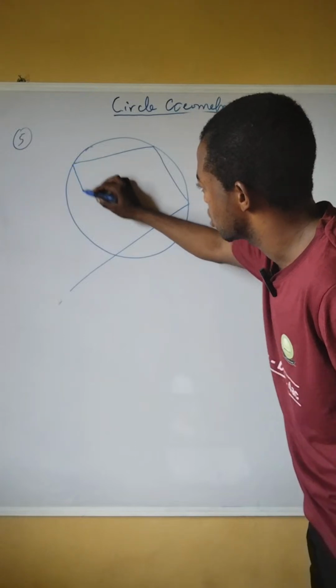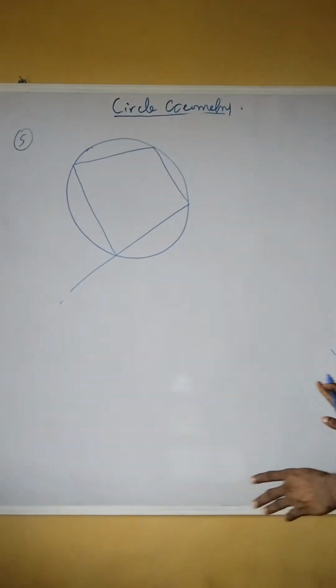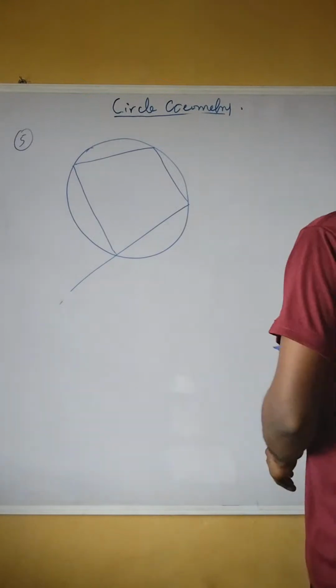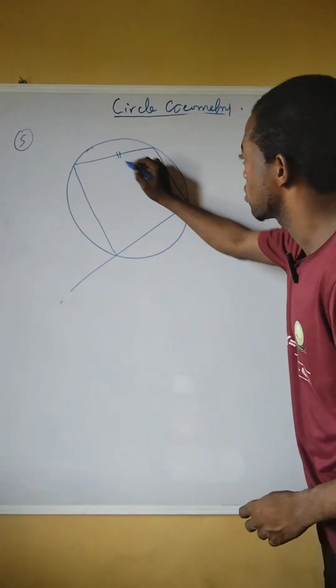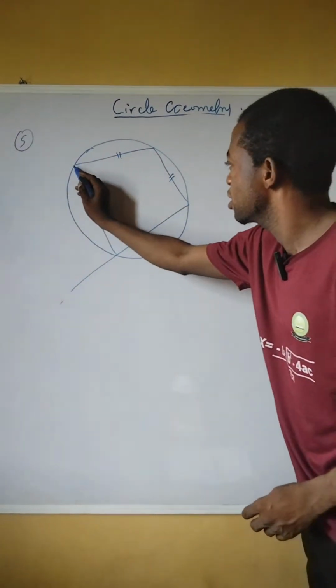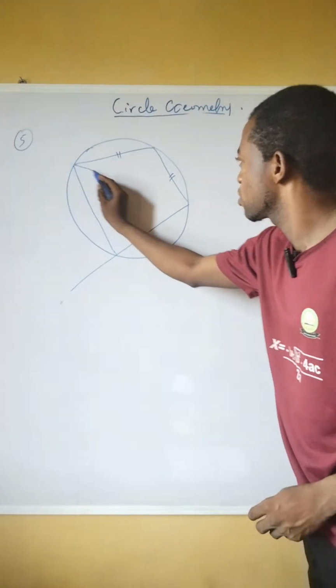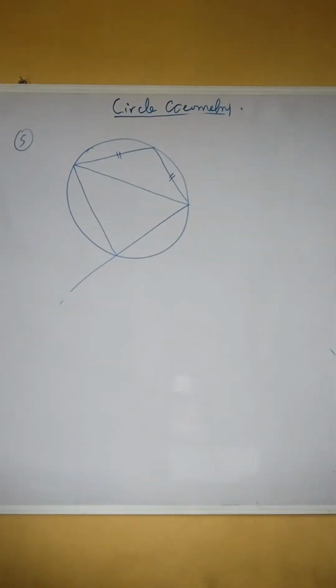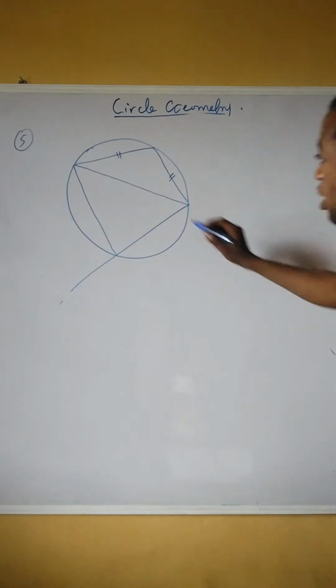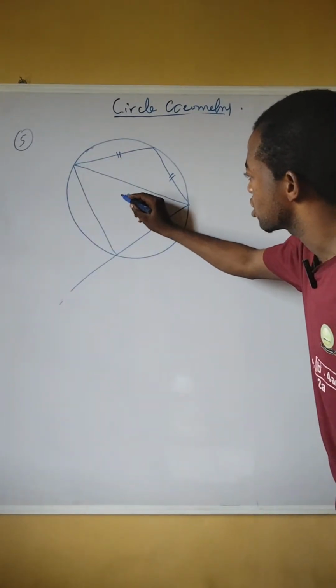So this is joined now to form a cyclic quadrilateral. And here we are given these two sides equal, and a line connects these two angles together. So they make our work easier there. And they indicate that here is the center of the circle.